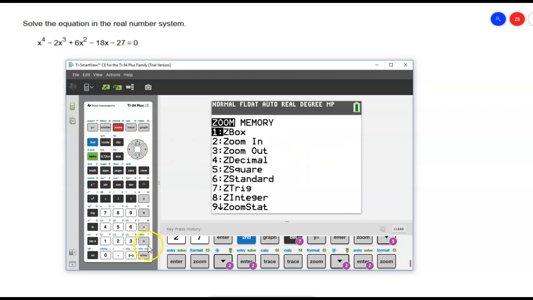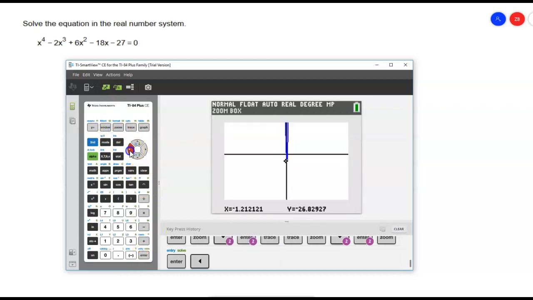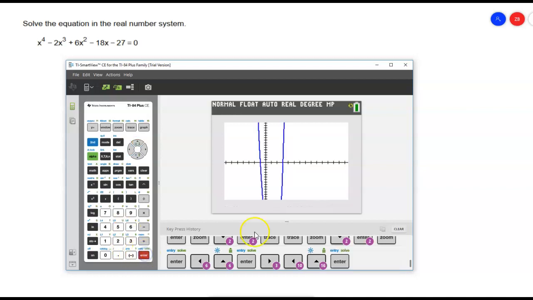I can actually do a zoom box here, and let's see if I can kind of center in on that. So if I do a little box here, it should give me an idea. So it looks like somewhere around -1 and +3. But we're not going to use the calculator solely to figure this out.